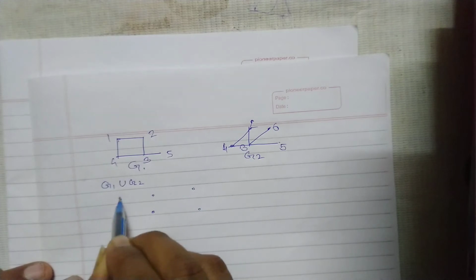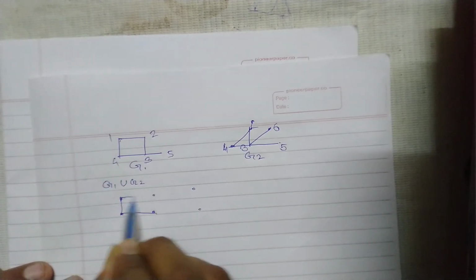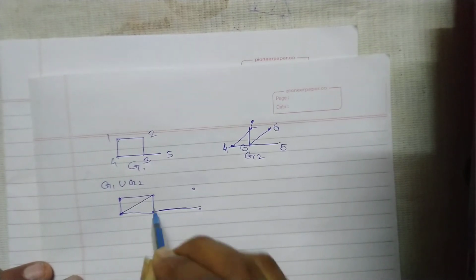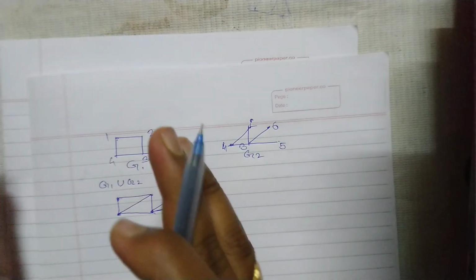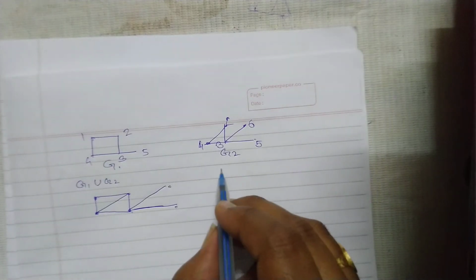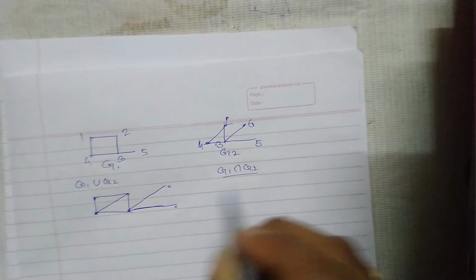So this edge is present here, this edge is also present here. You know how to find the union, so I'm just drawing it, I will not explain it. So you can rightly see that the common edges and non-common edges, everything will be present in G1 union G2.